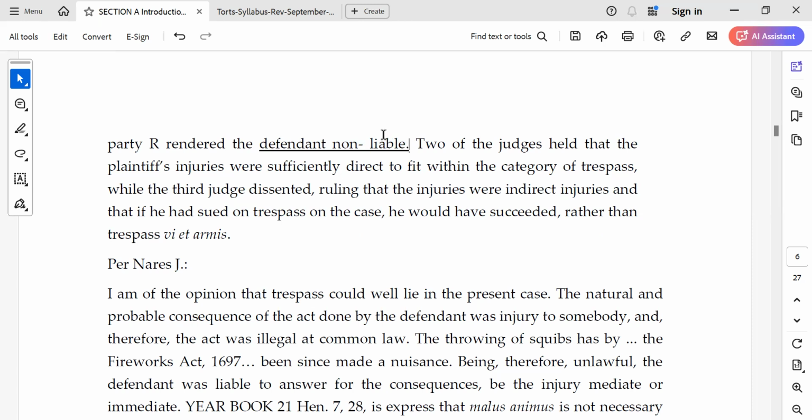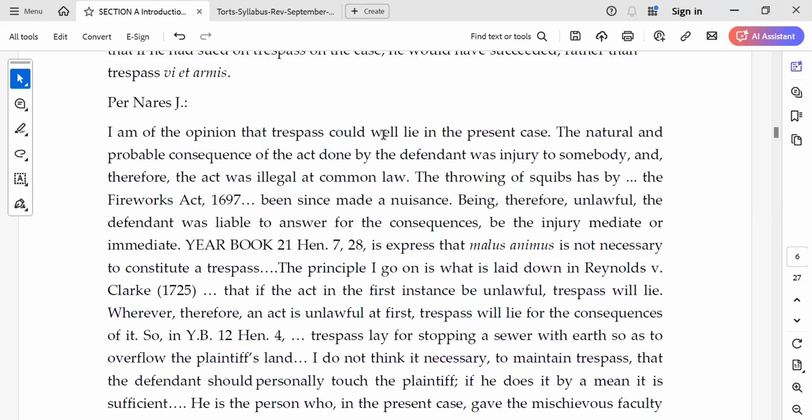So the third judge, of course, there will be an assenting judge and a dissenting judge. One person said that no, it is not so. As per Justice Nares, I am of the opinion that the trespass could well lie in the present case. That is, trespass here means trespass to person, okay?